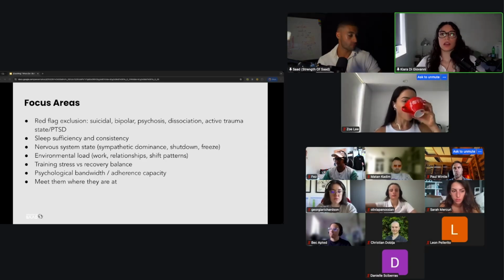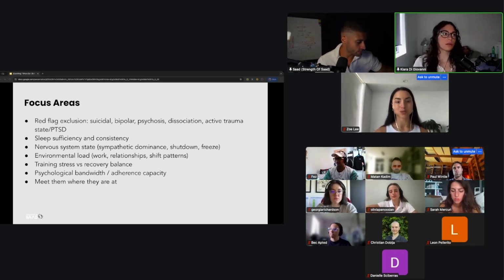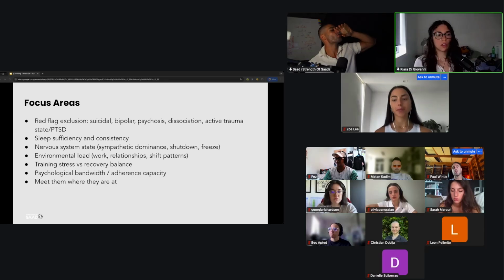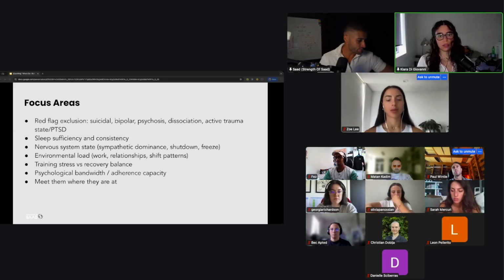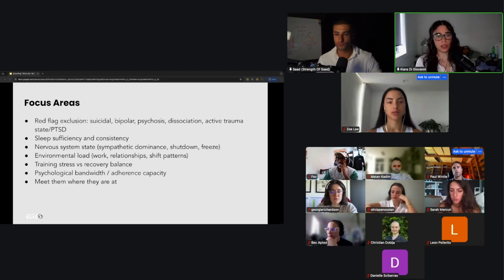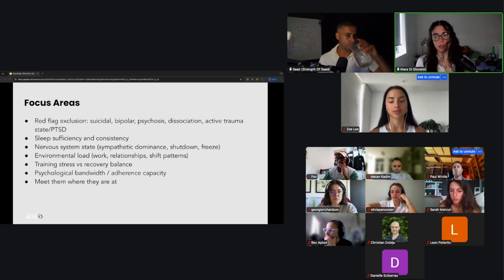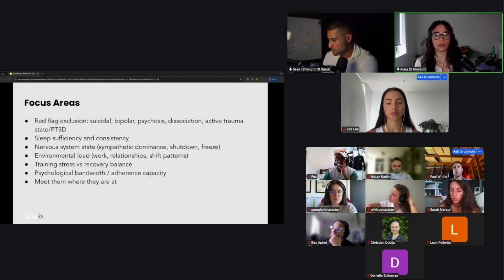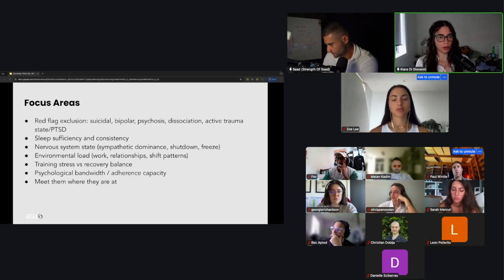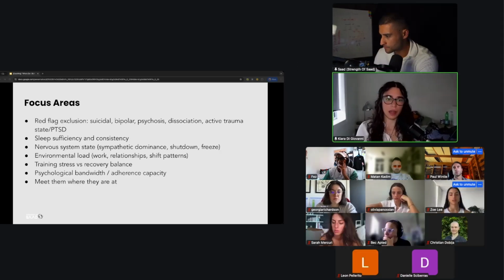So there are going to be situations that are more complex, that you might not have the skill set to deal with, or you might not feel comfortable. That's going to be things like if people are suicidal, or have more severe mental health conditions like bipolar, psychosis, dissociation, might be in an affective trauma state or dealing with PTSD actively.